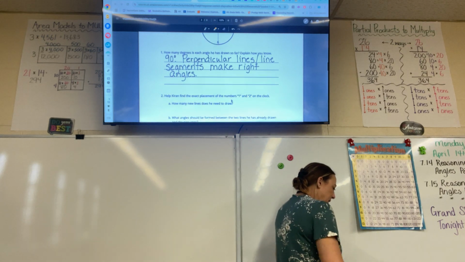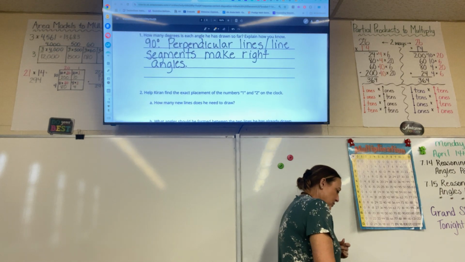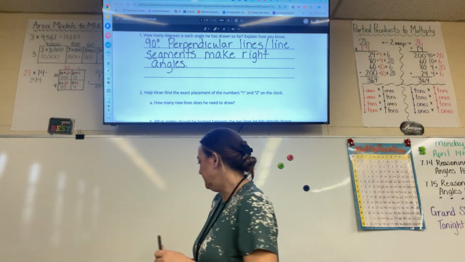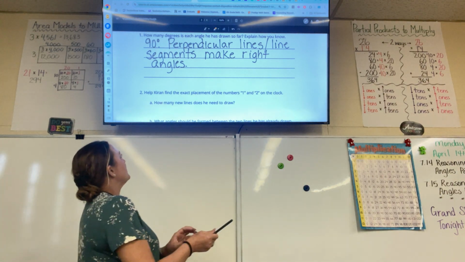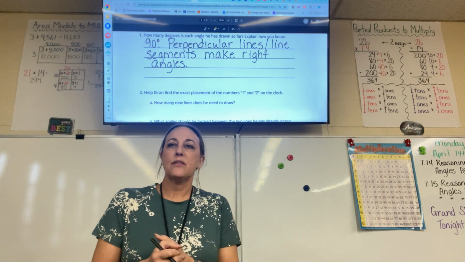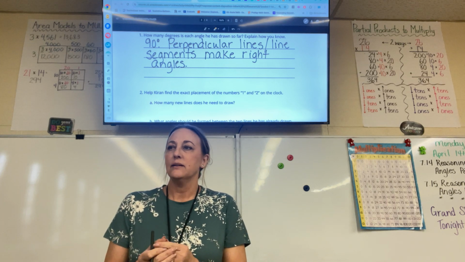Okay, it says help Kieran find the exact placement of the numbers 1 and 2 on the clock. The first question says, how many new lines does he need to draw to add the 1 and 2 on the clock? How many new lines does he need to draw, Athena? 2.